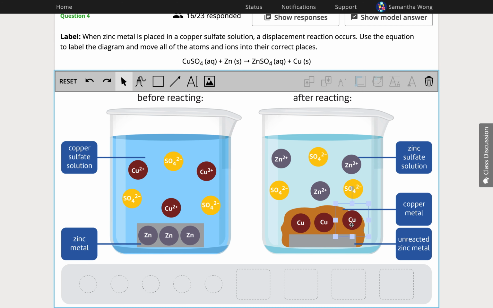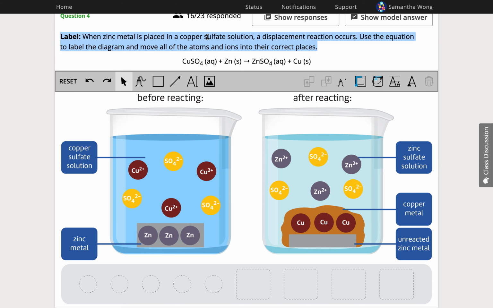So once again, we'll pop 3 of these in. We know they're solids because they have no charges. So there you have it. Using a description and a chemical equation, you have gone ahead and described a diagram from this information.